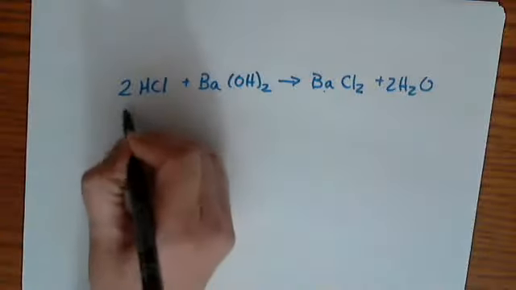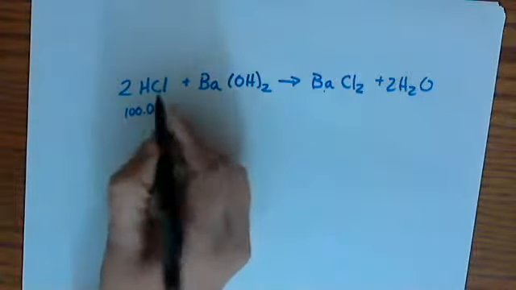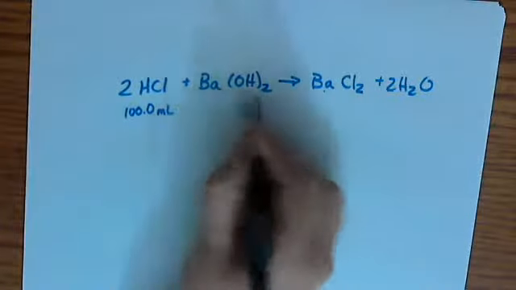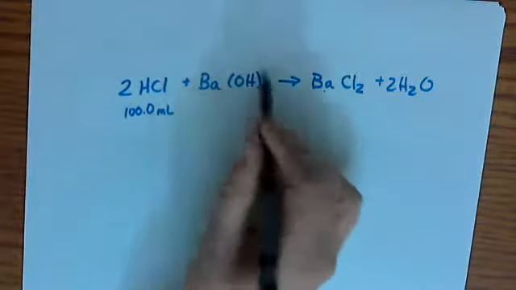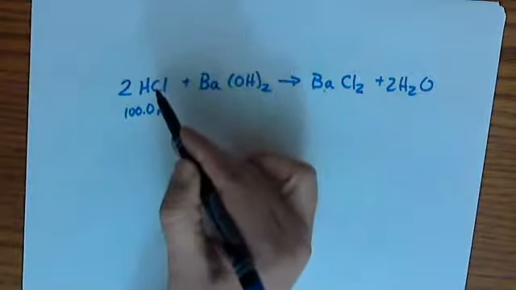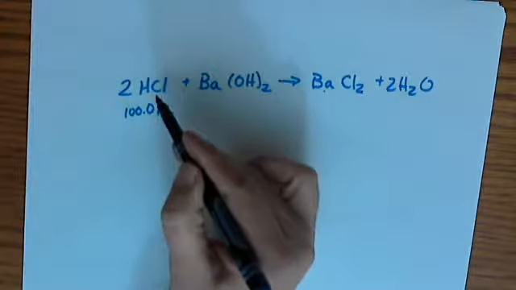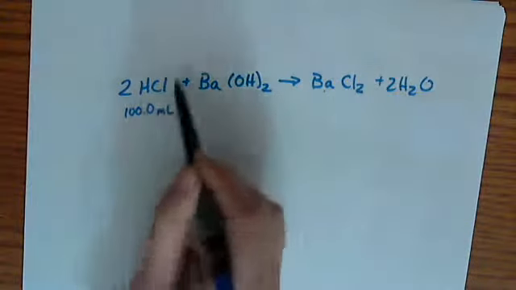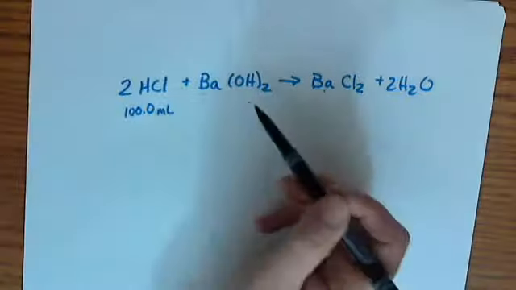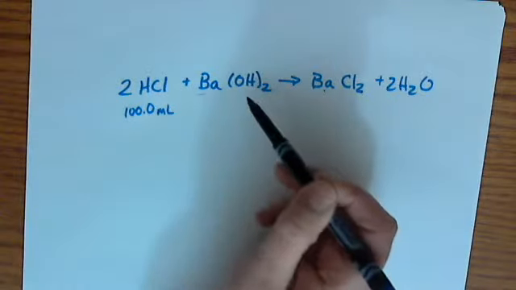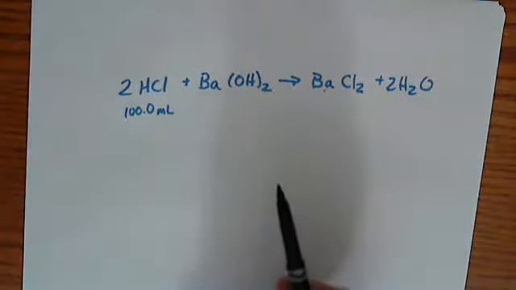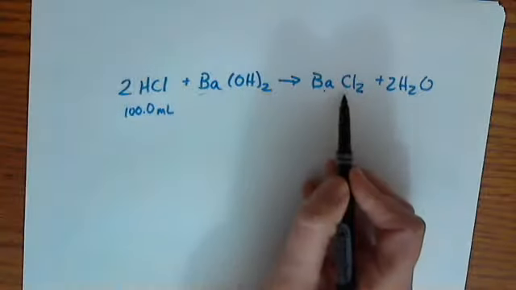So if I have 100.0 milliliters here of this one, and I have excess of this, so I've got more than enough of this to react with all of that, I should be able to figure out how much of these 2 products I get, because all of this will be used up. It says that I have excess barium hydroxide. So let's figure out how much barium chloride will be produced.